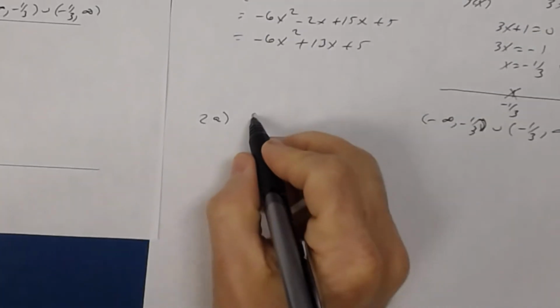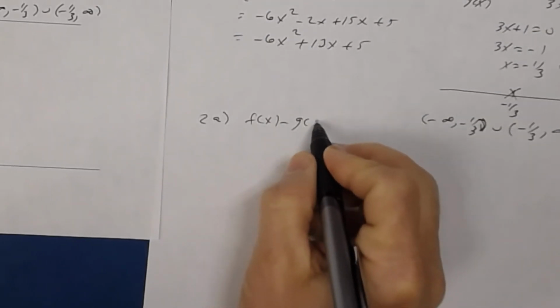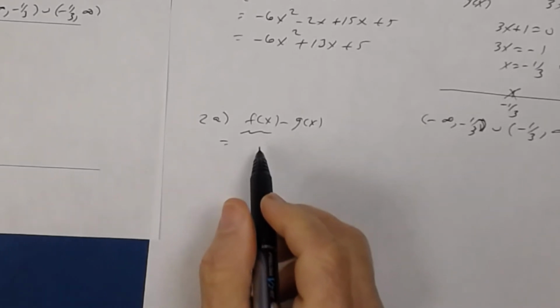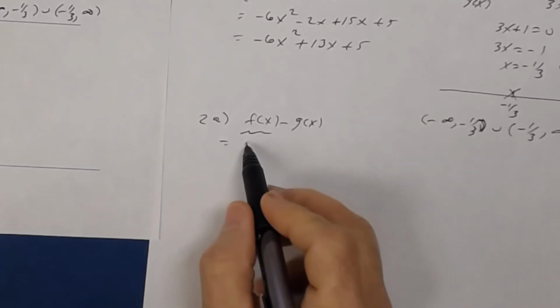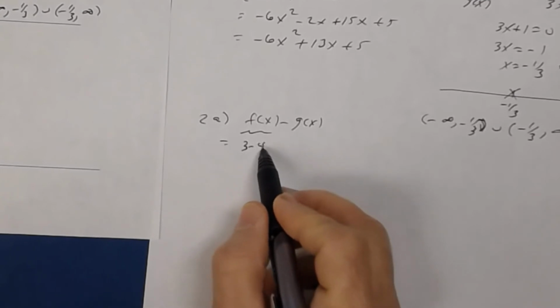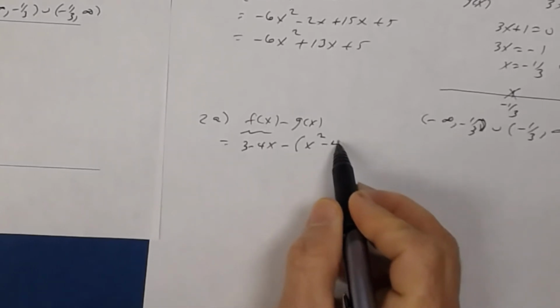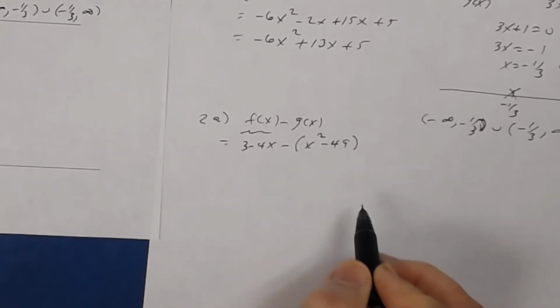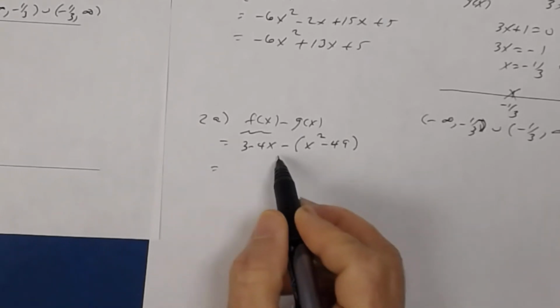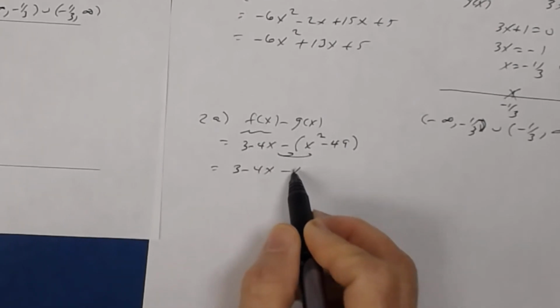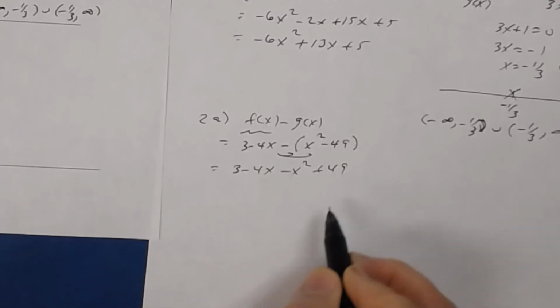So by definition, that means f of x minus g of x. And so f of x is 3 minus 4x, minus, in parentheses, g of x, which is x squared minus 49. Okay? And so distribute. I get 3 minus 4x minus x squared plus 49.